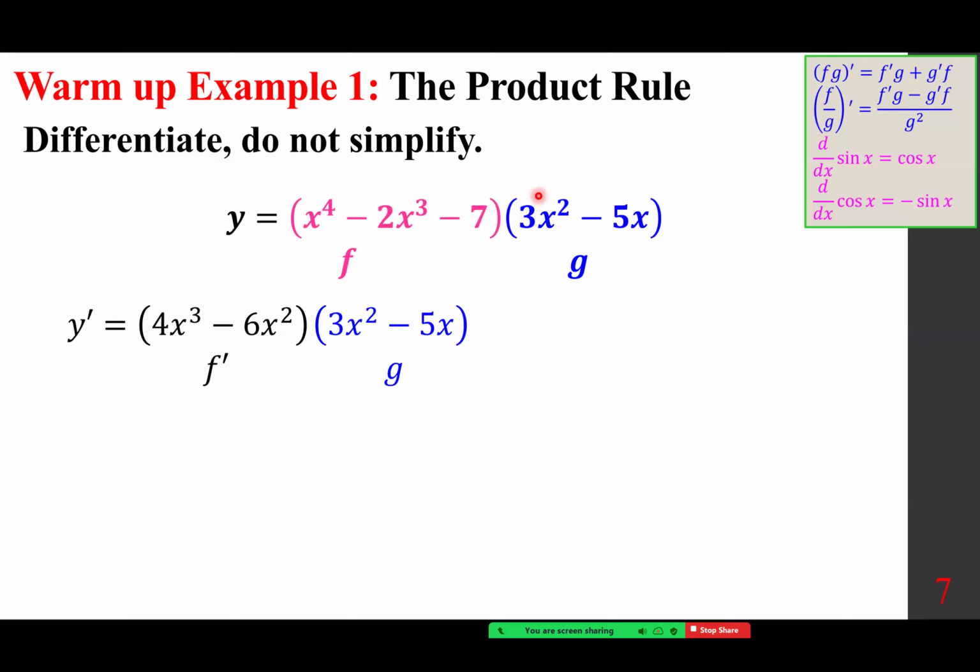We get 6x minus 5 times f, the first function, without changing anything. And believe it or not, we're done with calculus. Of course, there are several steps left to finish this off. We don't want to simplify it. I just want to emphasize this step, which is a calculus step. As long as you can do that, the assumption is you can finish it, because the assumption is you have no problem with algebra whatsoever.